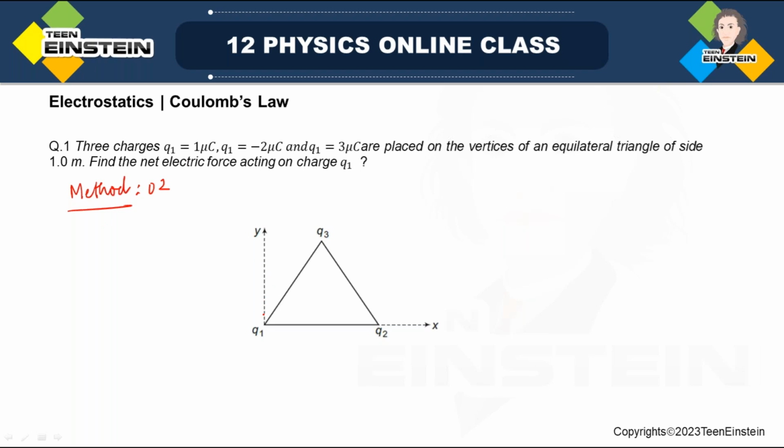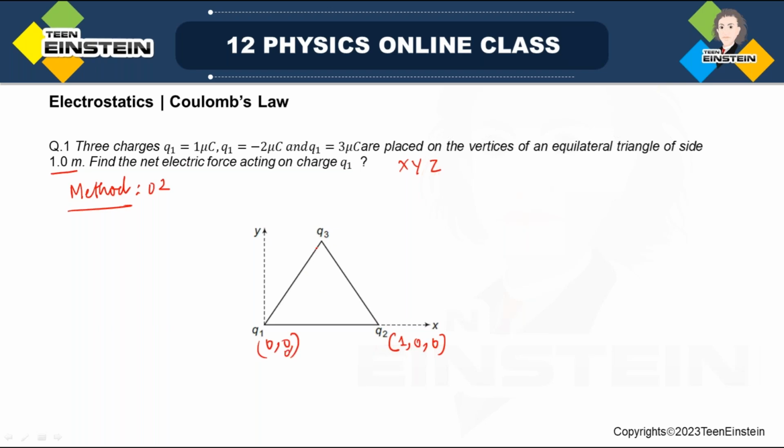We'll think of this Q1 charge as being at the origin of a Cartesian coordinate system XYZ, and we'll give coordinates to these points. This point charge is 1 meter away, because the distance Q1 Q2 is 1 meter. So it has coordinates x is 1, y is 0, and z is also 0. This is 0 0 0.